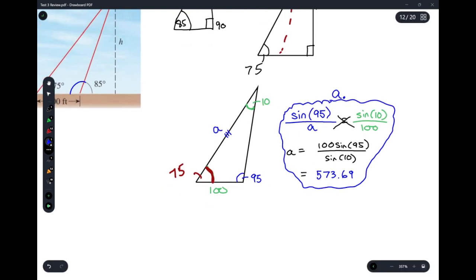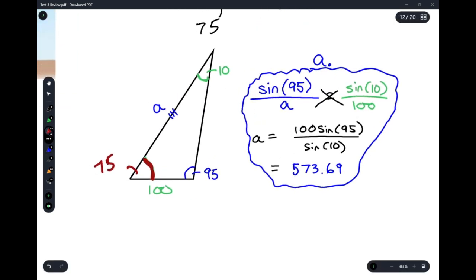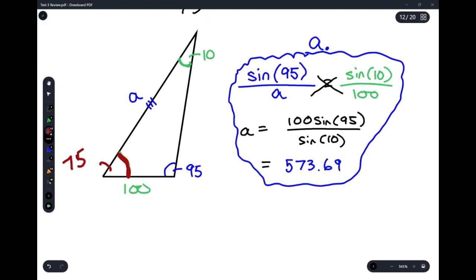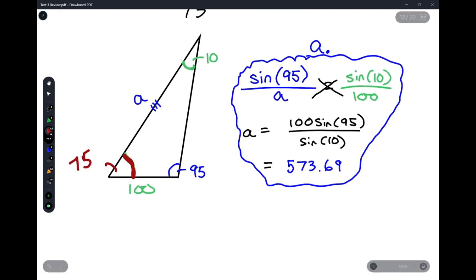What else could we find? You can find H. Whoa, we're not looking at the big picture. I'm going a little bit at a time. I'm not rushing to the answer. What else could we find? The middle one, that other side, the one across from red? That one's not H, though.